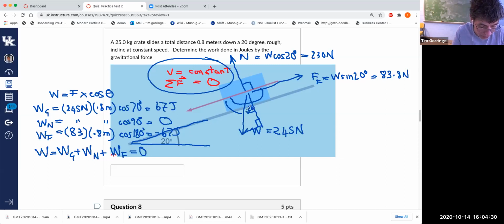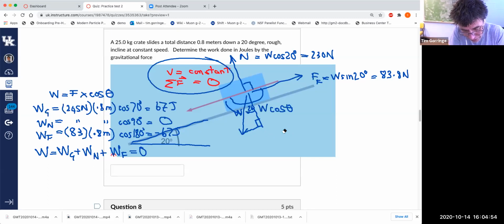So this is the 20 degrees that matches this 20 degrees. The adjacent side of this triangle, where W is the hypotenuse, is going to be W cosine theta. The opposite side of this triangle, let me erase this thing.